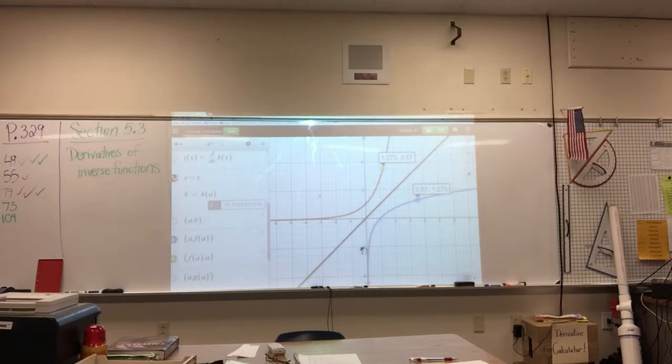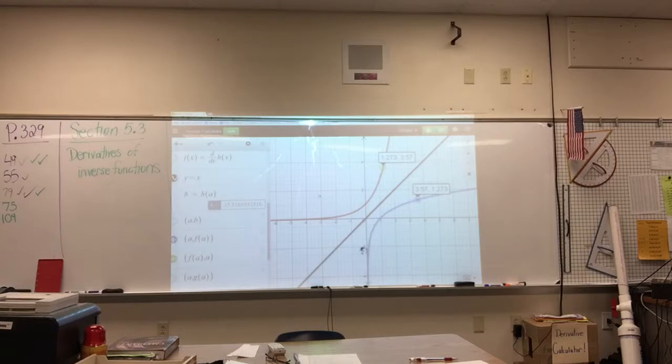Yeah, exactly. Each of them is a reflection of the other over the line y equals x. So y equals x is the line of symmetry. You could fold one right over the top of the other, and they would match up perfectly.